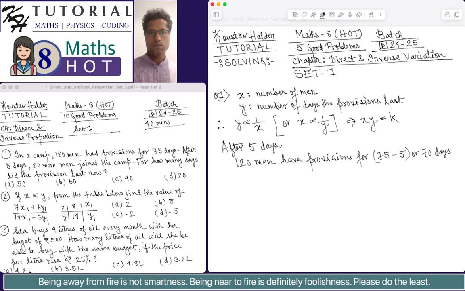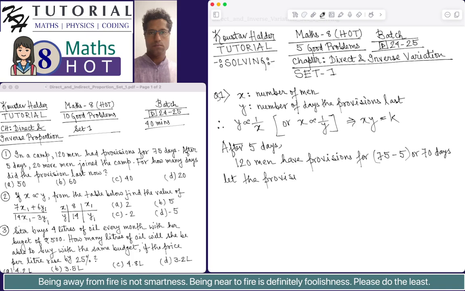Now it is saying that 20 more men joined the camp. For how many days did the provision last? Okay.